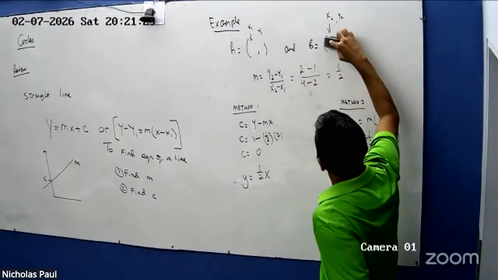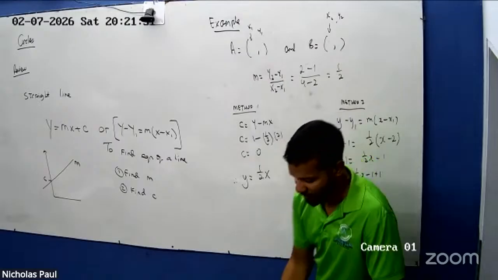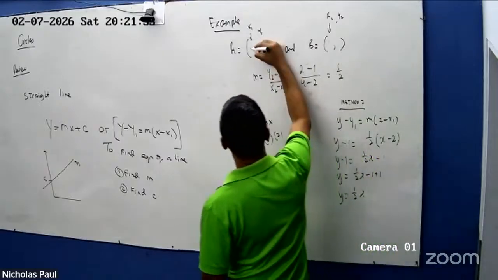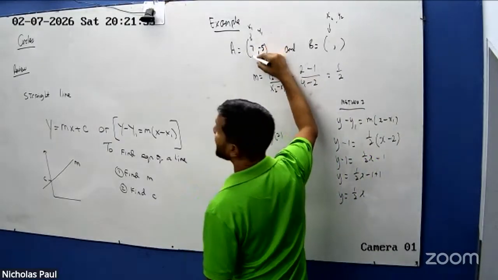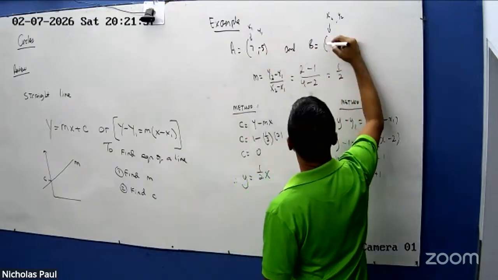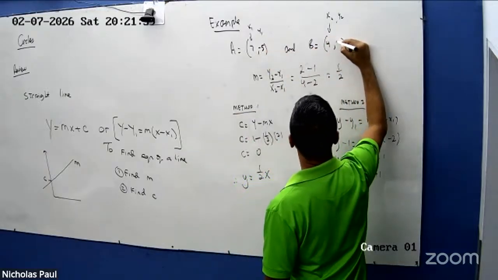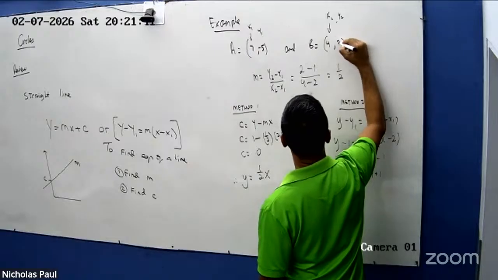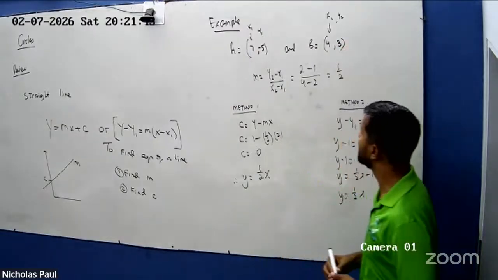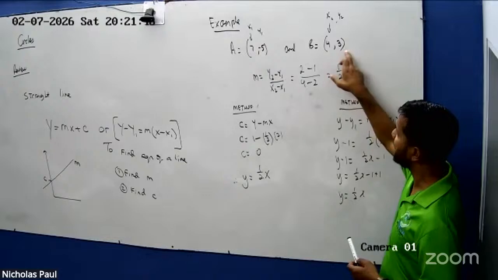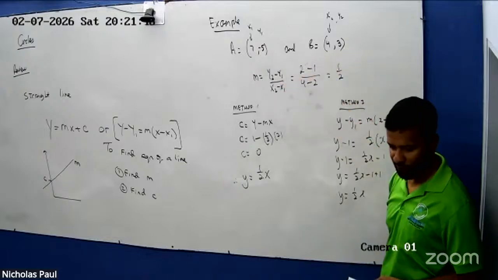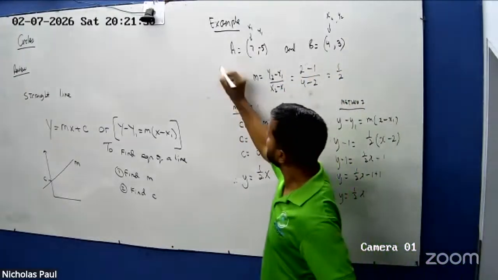Try this one, please: find the equation of this one. That's (7, -5) and this is (4, 3). Find the equation of this line here. Number 2, follow the same steps.